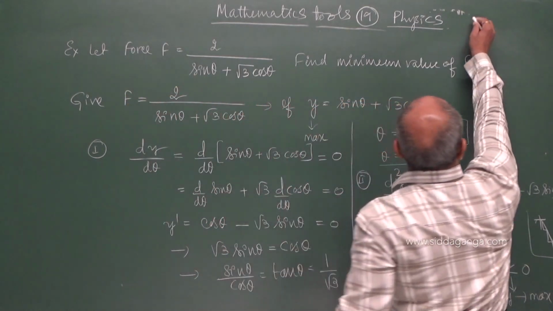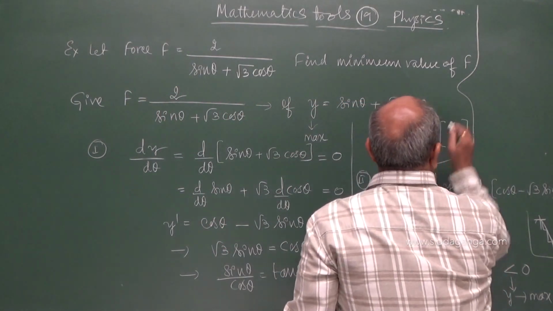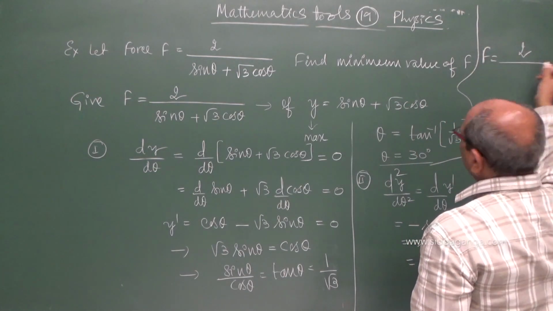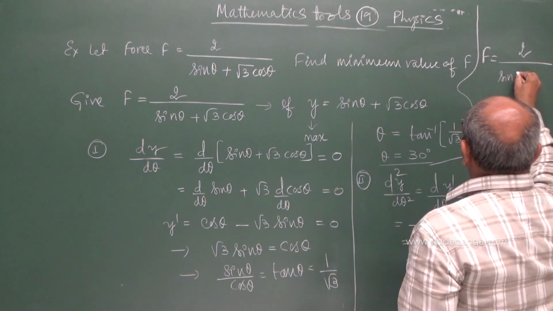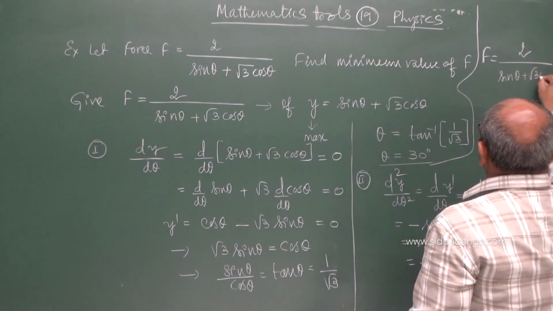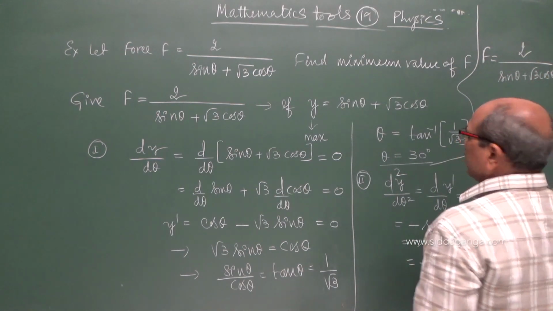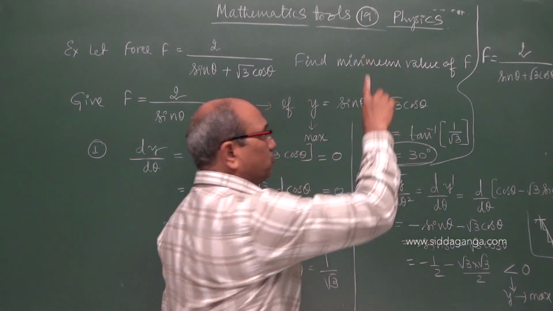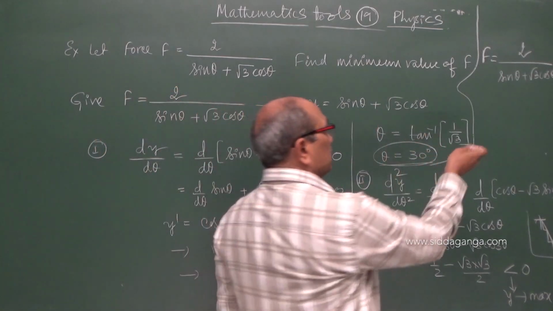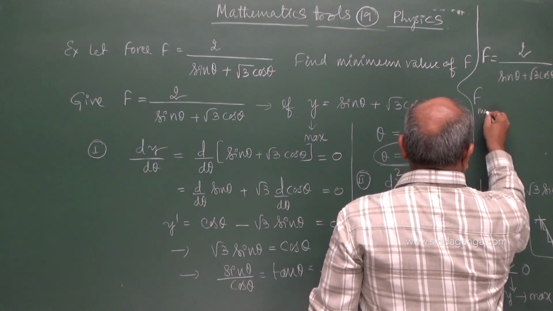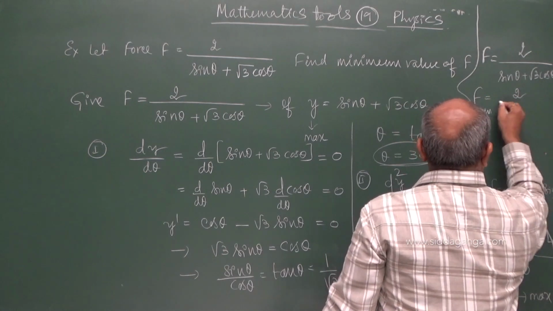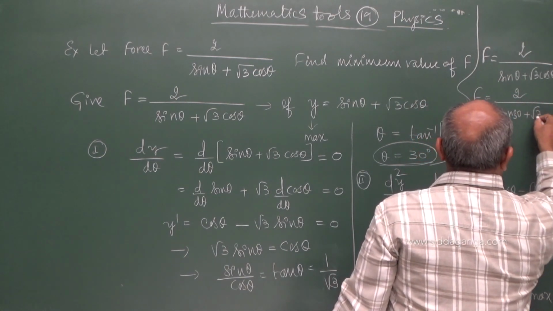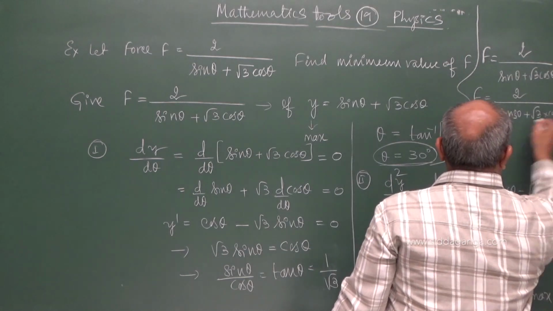So, to conclude this problem, f is equal to 2 upon sin theta plus root 3 cos theta. For 30 degrees, if I substitute in that, 100% f becomes minimum. That means 2 divided by sin 30 plus root 3 into cos 30.